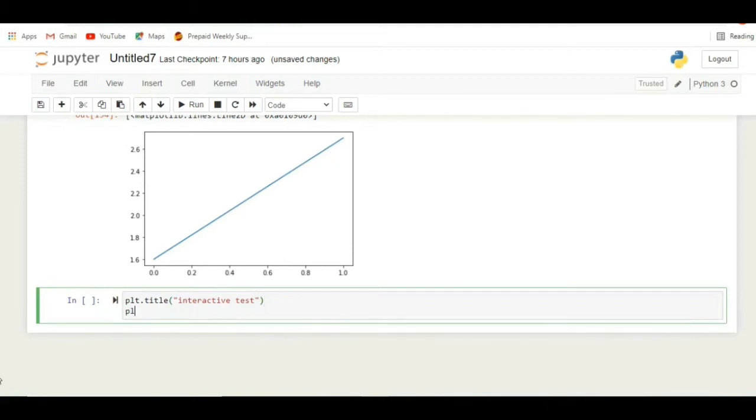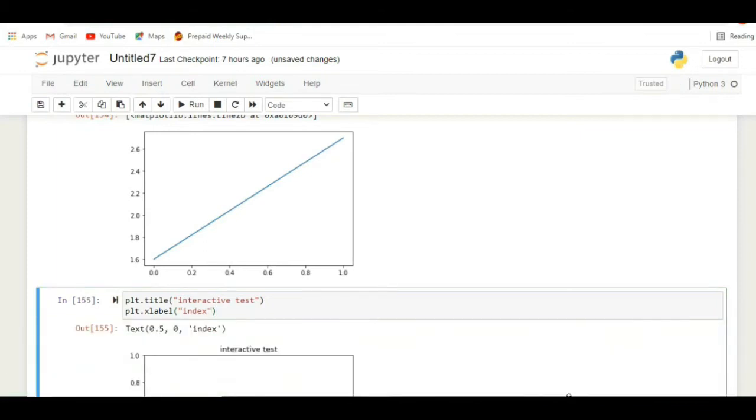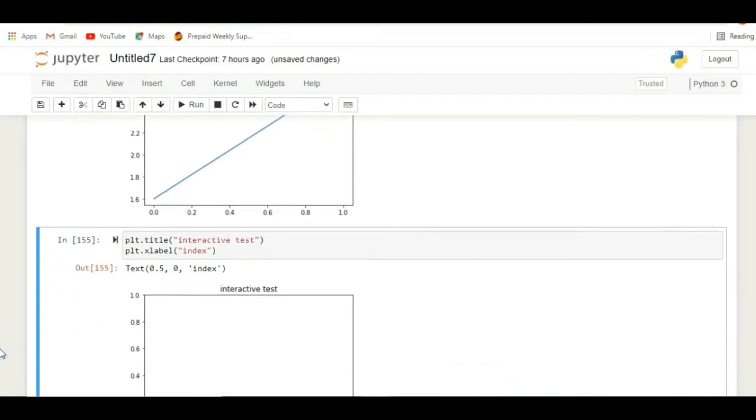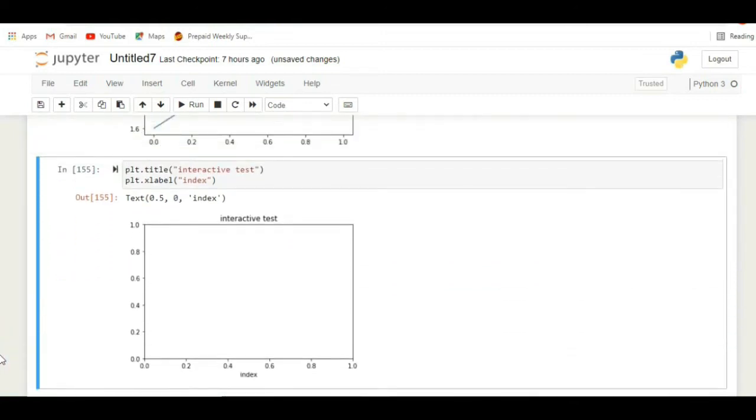Remember, you shall write it in double quotation marks. And now plt.xlabel, and inside the double quotation marks you shall write index. In the same way, the title is interactive test.